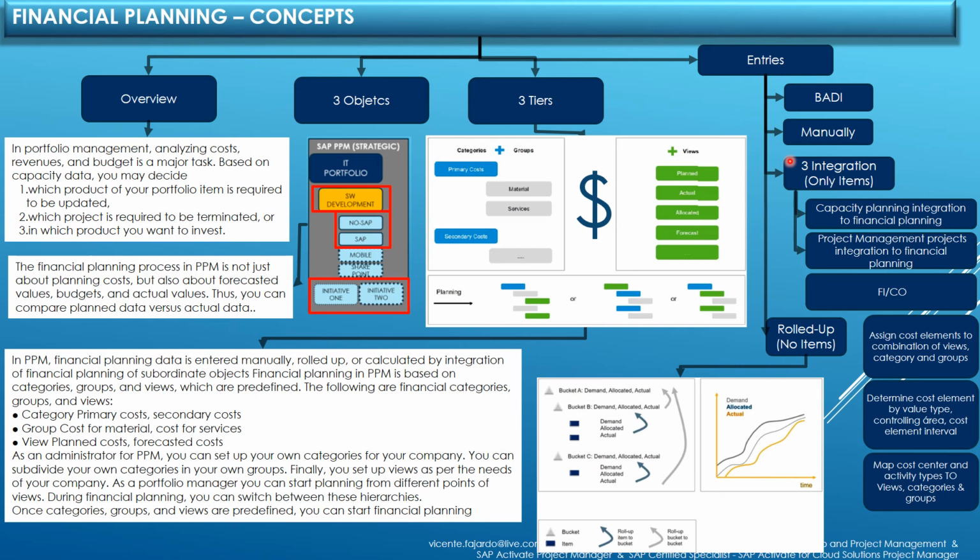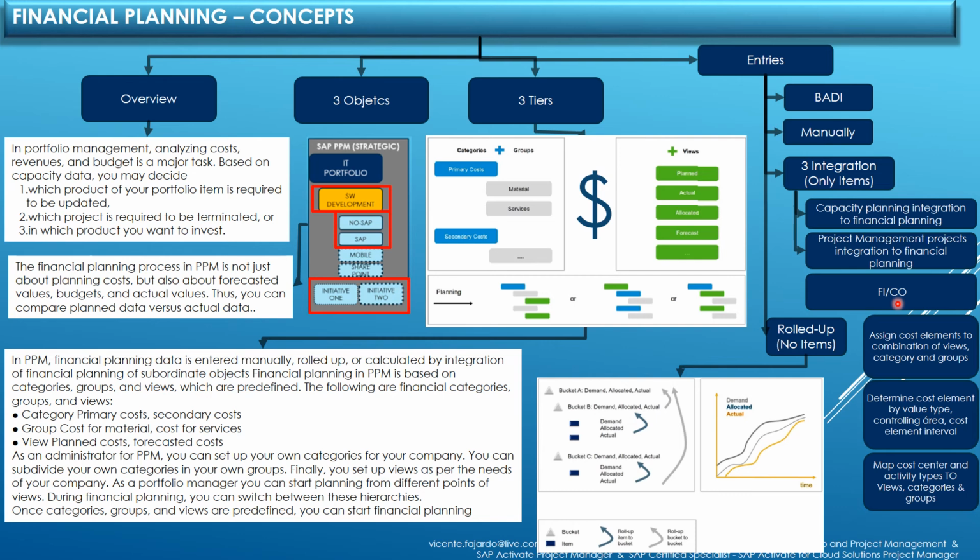In particular, we have 3 integrations. One is to integrate financial planning with capacity planning. The other one is integrate with project management projects. And the last one is to integrate with SAP FICO.